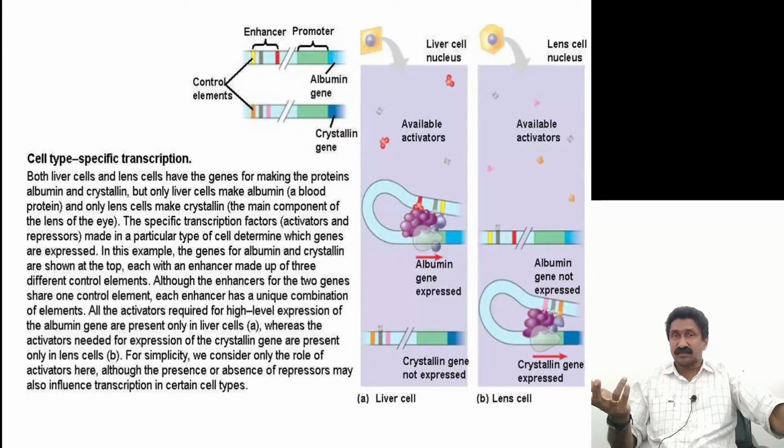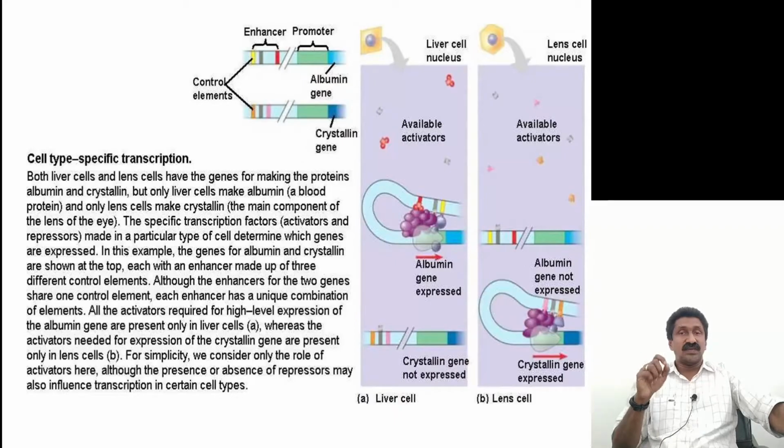Although the enhancers for the two genes share one control element, each enhancer has a unique combination of elements, and all the activators required for high-level expression of the albumin gene are present only in liver cells, whereas the activators needed for expression of the crystallin gene are present only in lens cells.